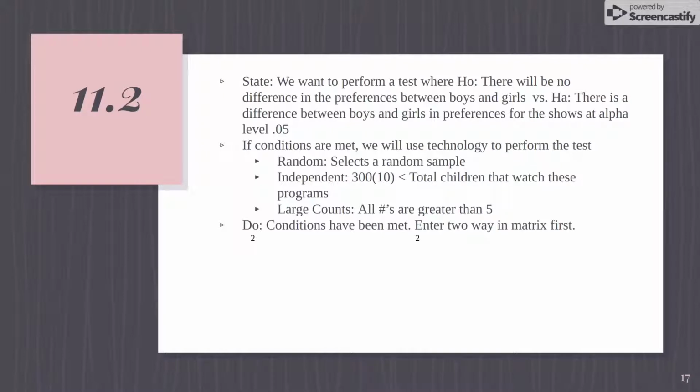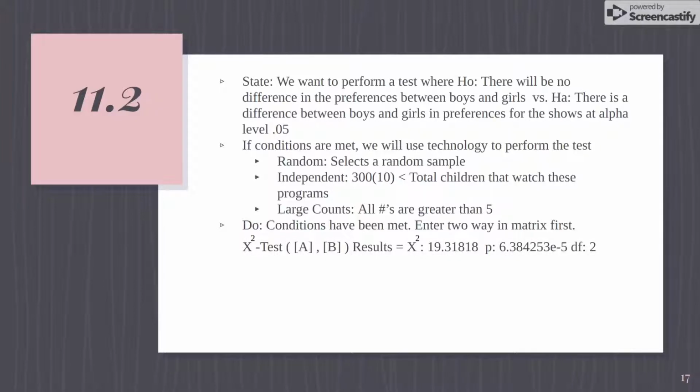You'll enter the data, and after you finish that, you do stat, test, and then you will go down to option C. Here you will make your observed matrix A, expected matrix B. It'll calculate your expected values for you after you run your test. So then you want to just continue down to calculate, and then it'll spit back out your chi-square statistic and your p-value.